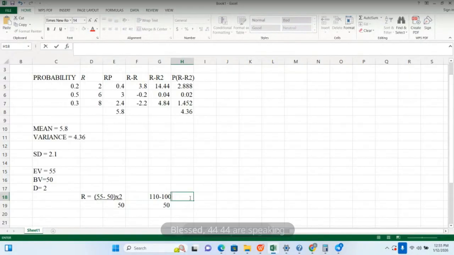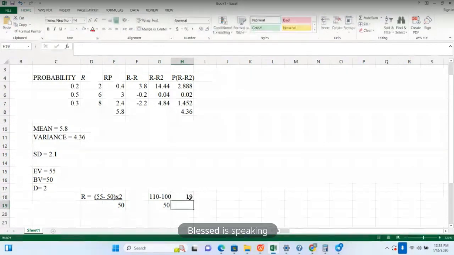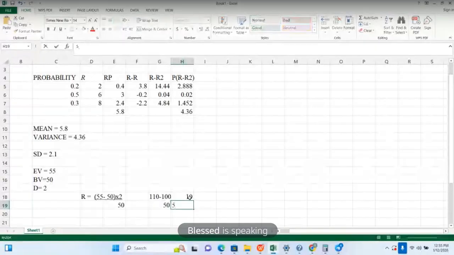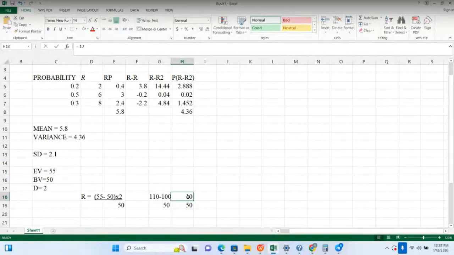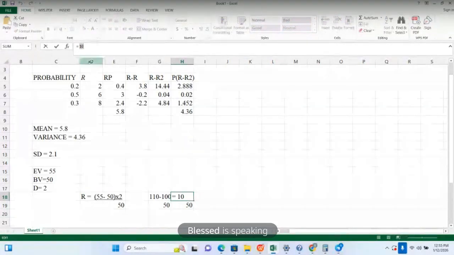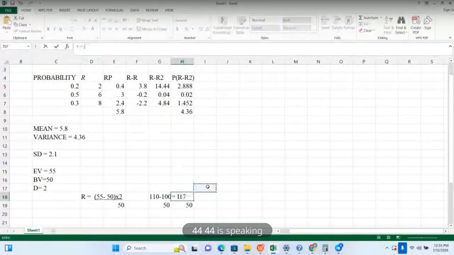So it's 10 over 50, not 10 over 100. 10 over 50 is 0.2. Convert it to percentage rather. That's 20%. So our answer for that is 20%.